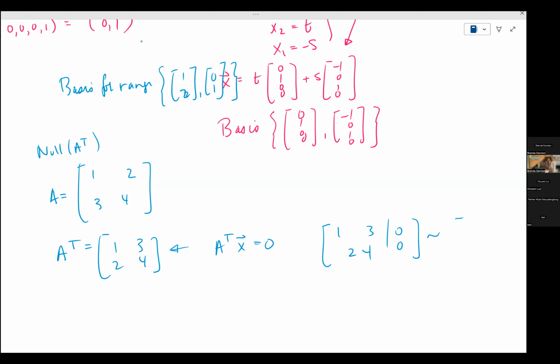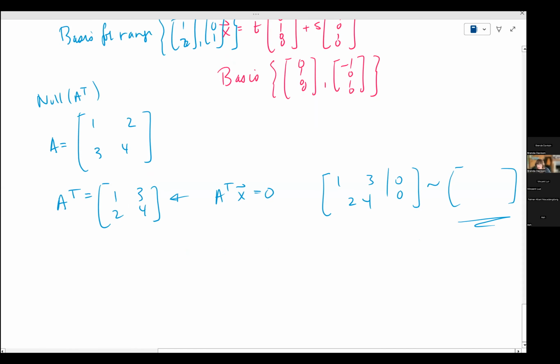I would do my Gaussian elimination, and I would find out which vectors that is, right? It might just be the 0 vector, or it might be a line through the origin. So you can just go ahead, Kiara, and do that. Okay.